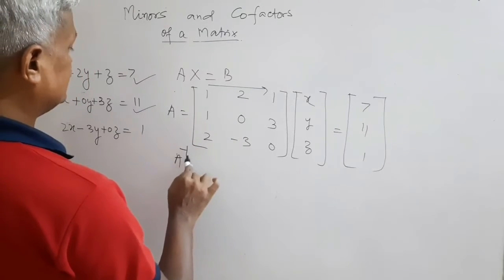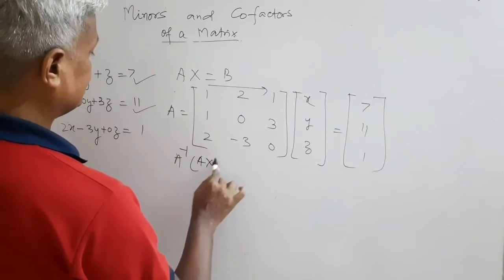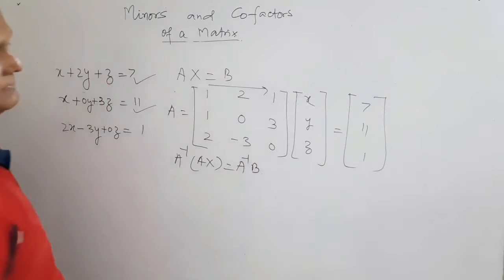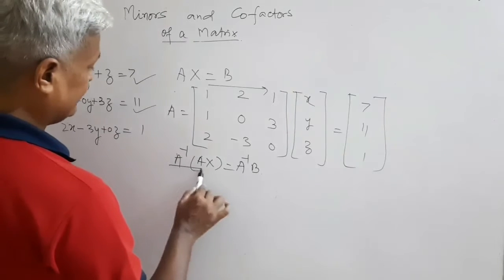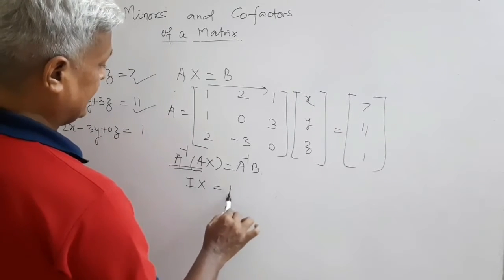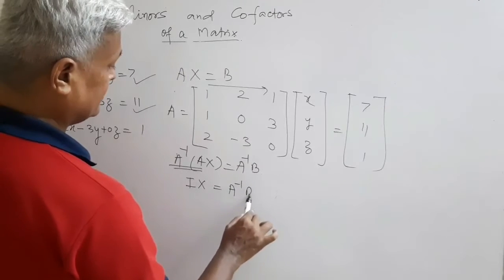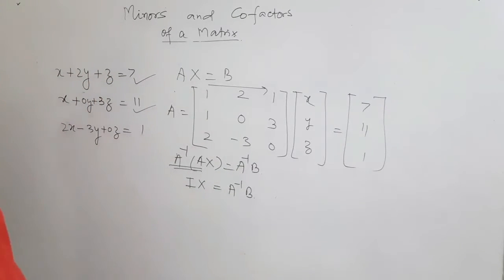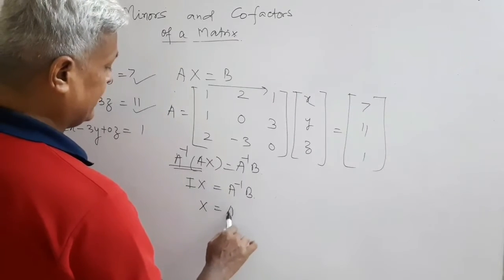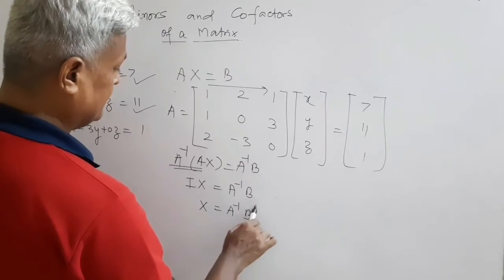So A inverse AX equals A inverse B. You know that A inverse A becomes the identity matrix I, so I X, and this becomes A inverse B. Now the identity matrix times any matrix is that matrix itself. So I multiplied with X will be just X, and you will have A inverse B.